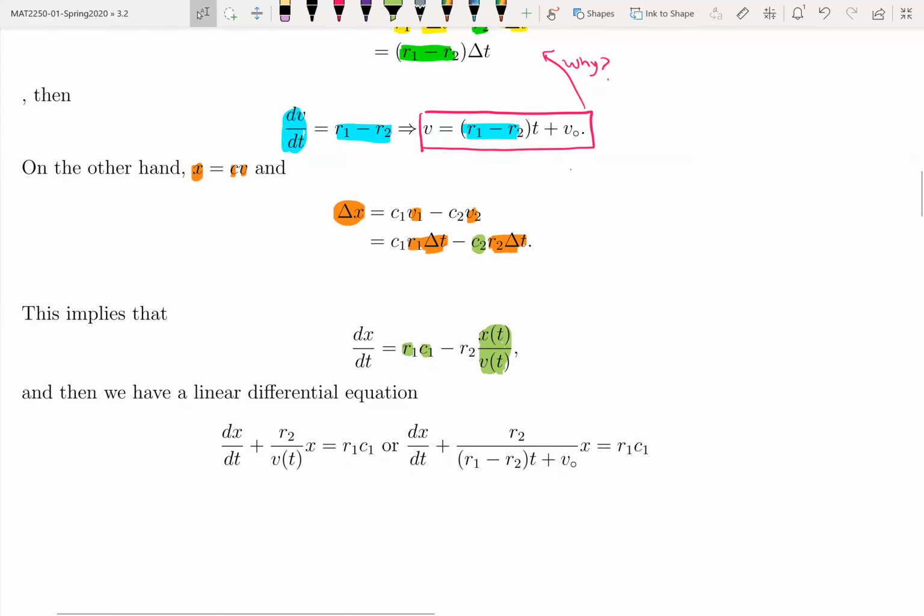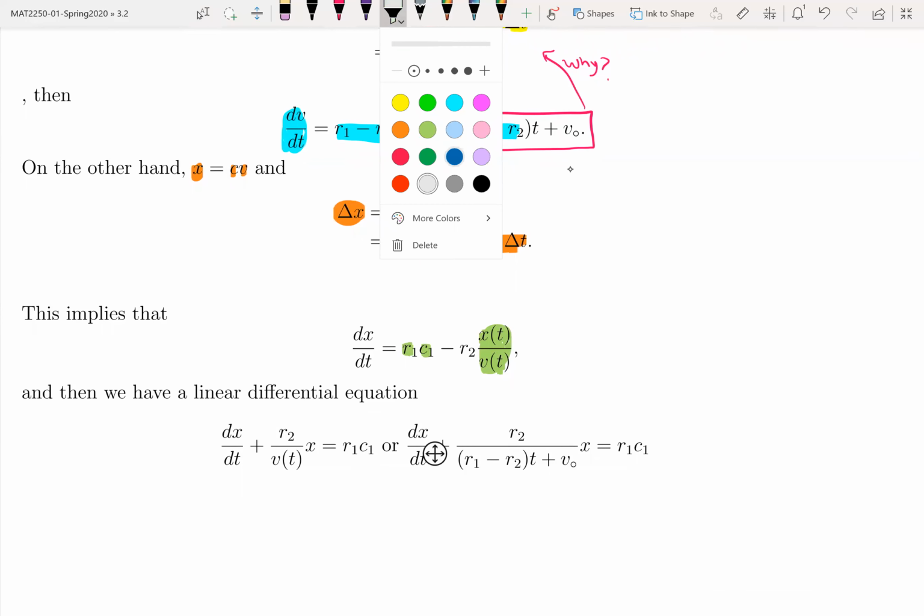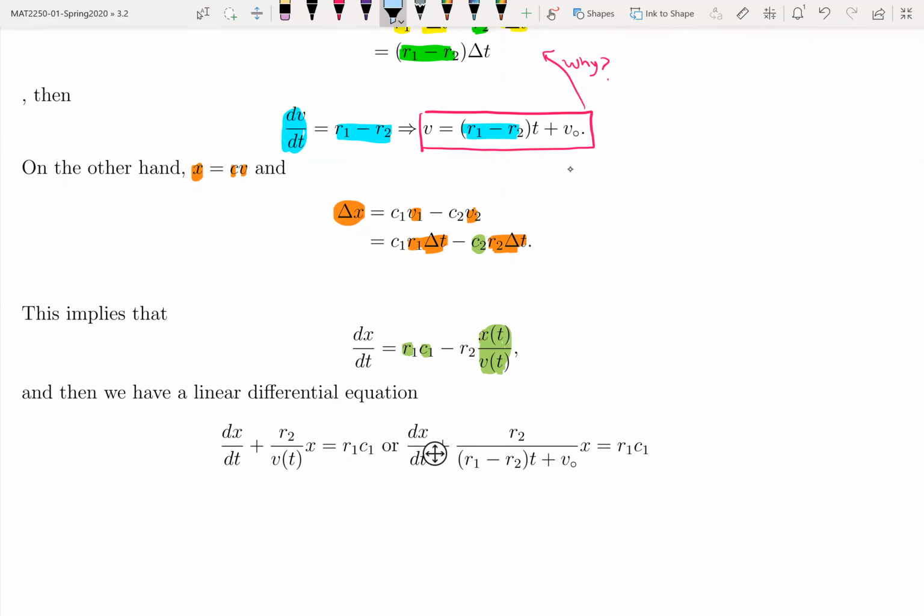And that is really where the differential equation comes from, because that is a first order differential equation. So you have originally x as a function of t, the amount of whatever you have inside your water as a function of t, and then you have c1 r1, the input, minus the output, and that gives you what you need for a first order differential equation, right?